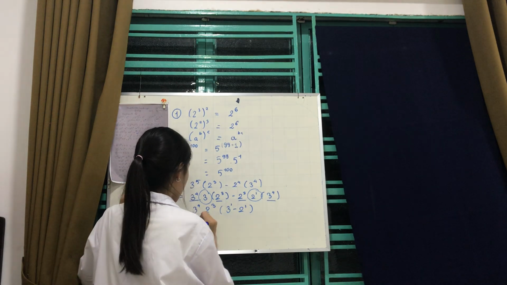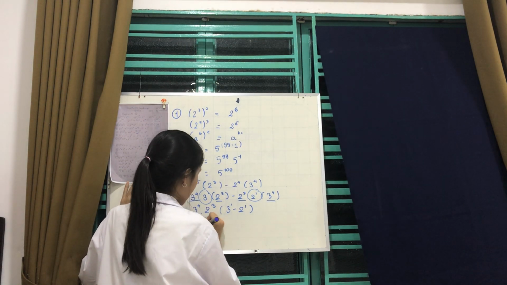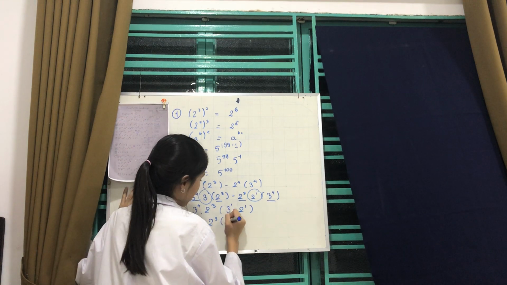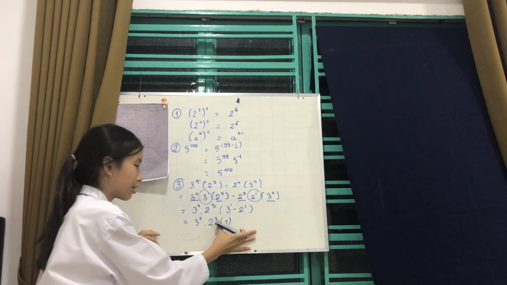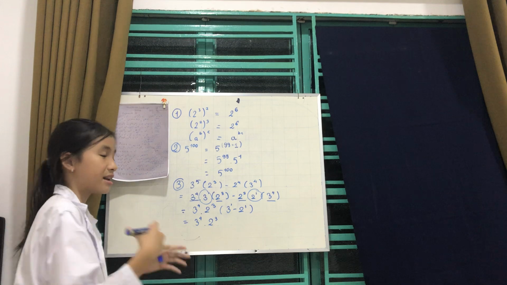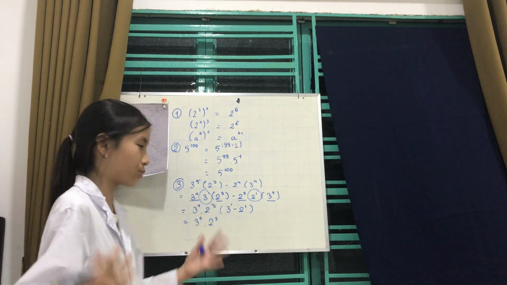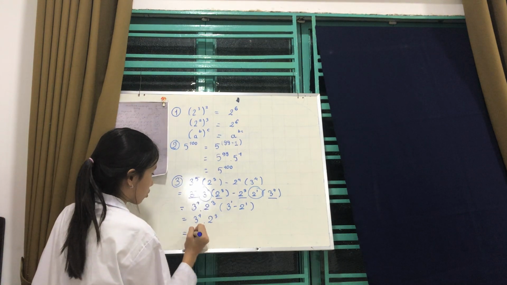This will equal 3 to the power of 4 times 2 to the power of 3 times 1. And of course we can erase the 1 here because a number multiplied by 1 will equal itself. It's called the identity property.